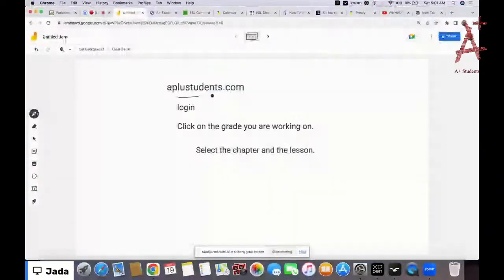Okay. So, first off, you need to log in. You're going to log in using aplusstudent.com and use your logins, which are the email and the password. Then you click on your name and go to the grade you're working on.